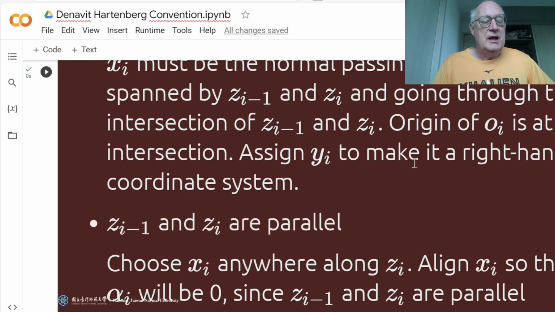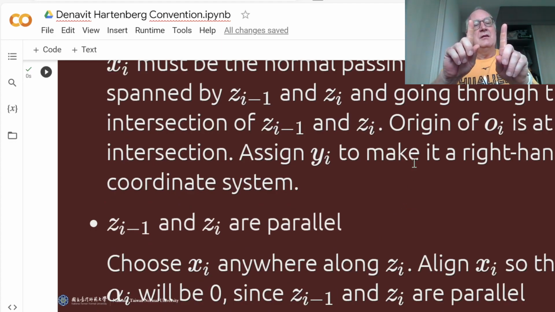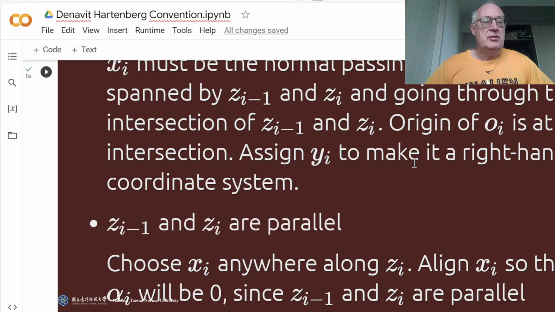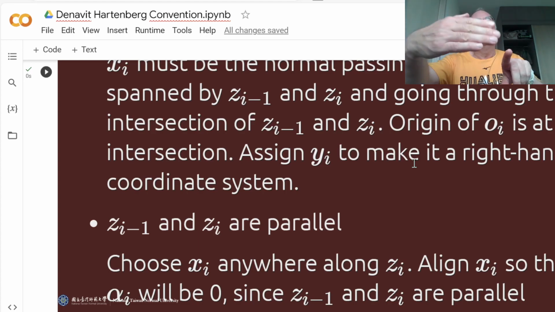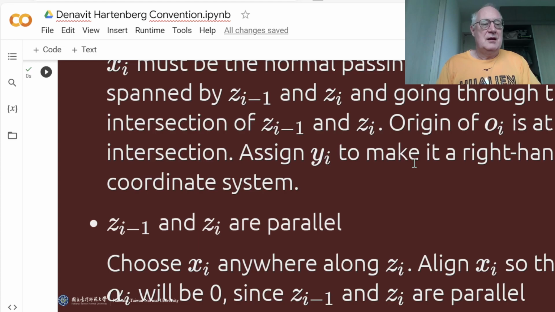And lastly, we have the case where zi minus 1 and zi are parallel to each other. Now in that case, xi can be anywhere along this plane, normal to zi minus 1 and zi. But I can shift it up and down. The shortest distance between the two z-axes is well defined, but if they're parallel to each other, I can shift it up and down.